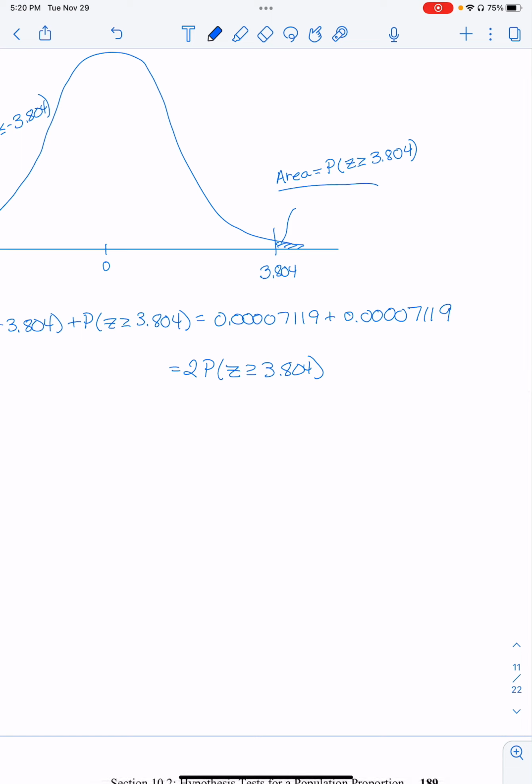If I add these two together, or multiply, I get 0.00014. So usually we don't go beyond those digits. So I'm just going to say that we're going to stop here.